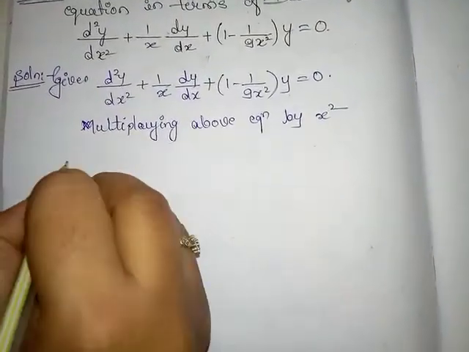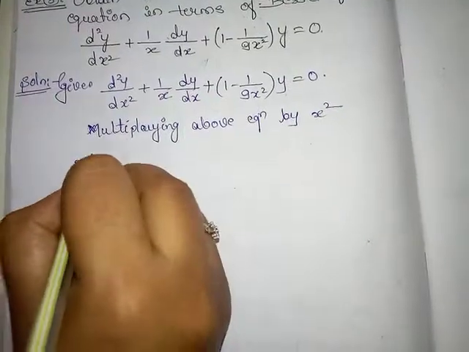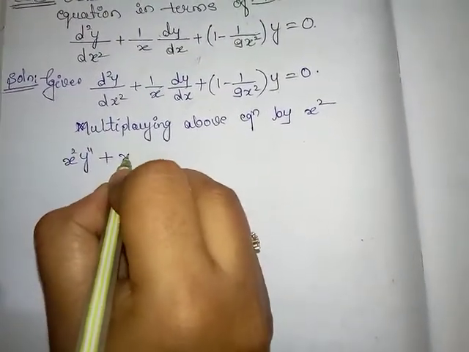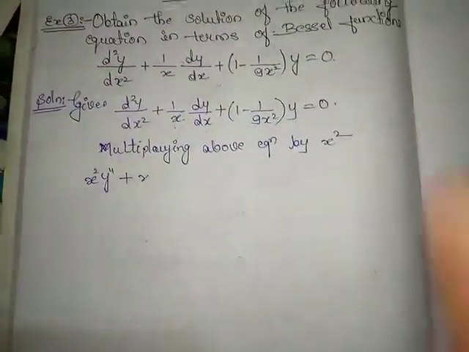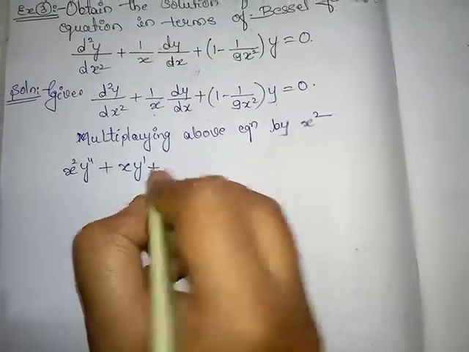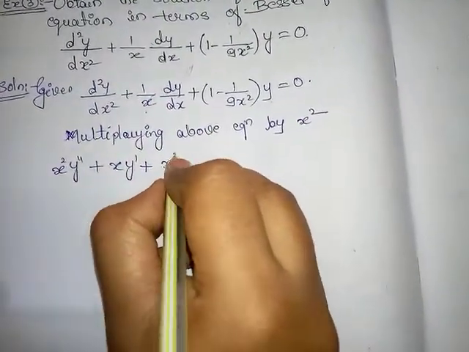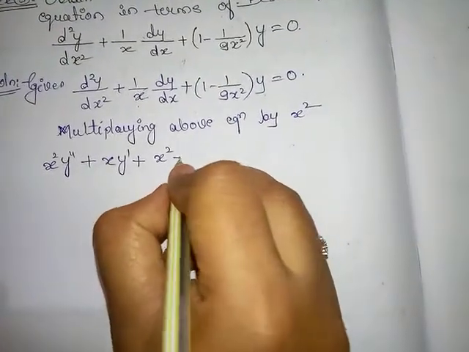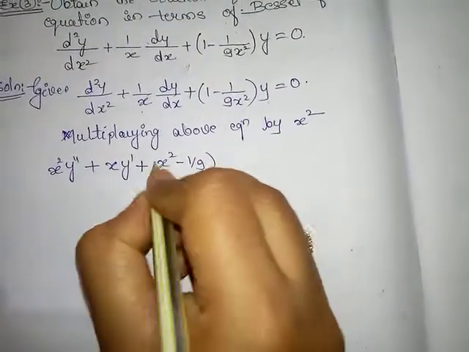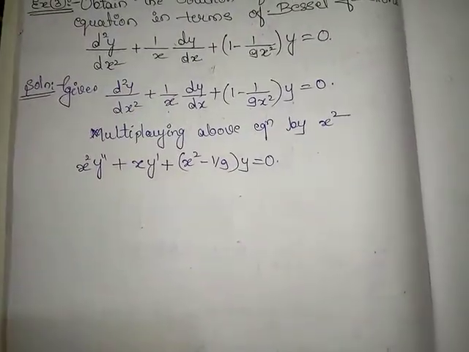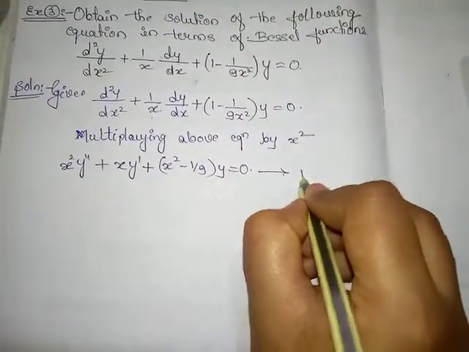We get x square into y double dash plus x by x square by x, that is x into y dash, plus x square minus x square by 9x square, x square gets cancelled, minus 1 by 9 into y is equal to 0. Name this as equation 1.